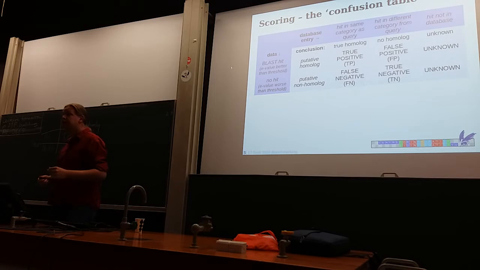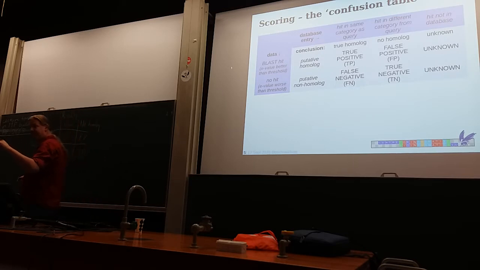Yes? The categories in which hits occur, so it's a hit in the same category. Would the category be a superfamily or is it in the main family? Okay, so the question is about SCOP, if I'm not mistaken. The structural classification? Yes. So, a hit in the same category as your query, what level of SCOP would you consider to be a category?